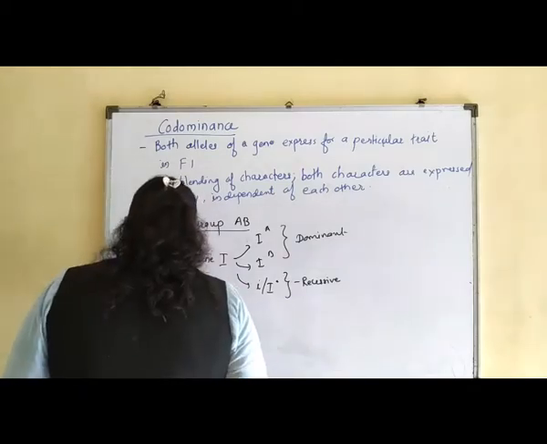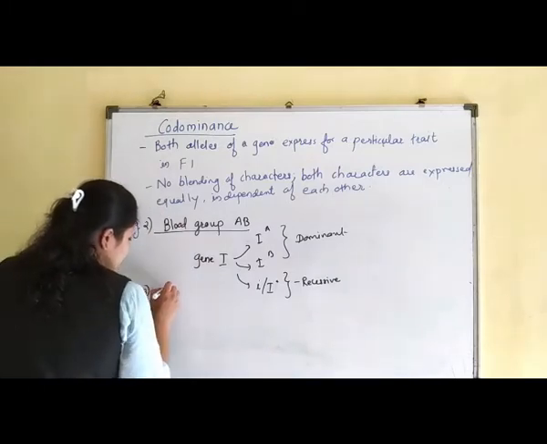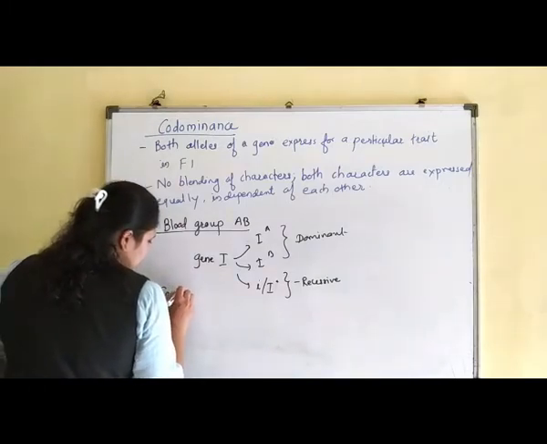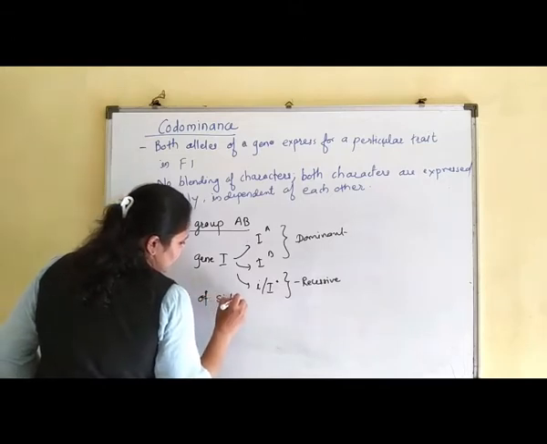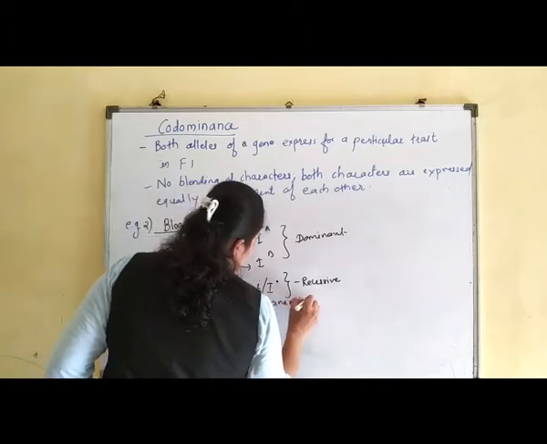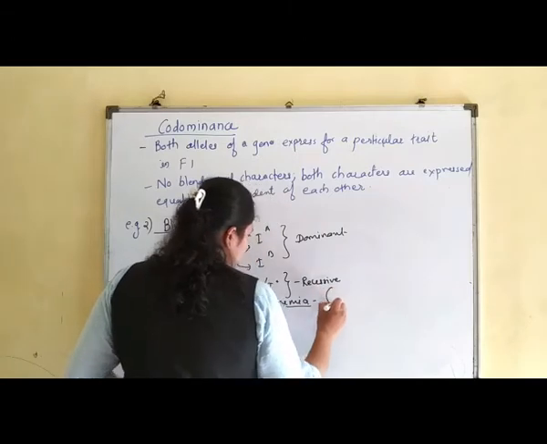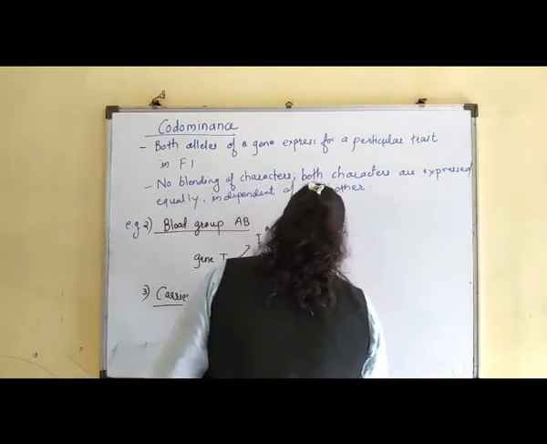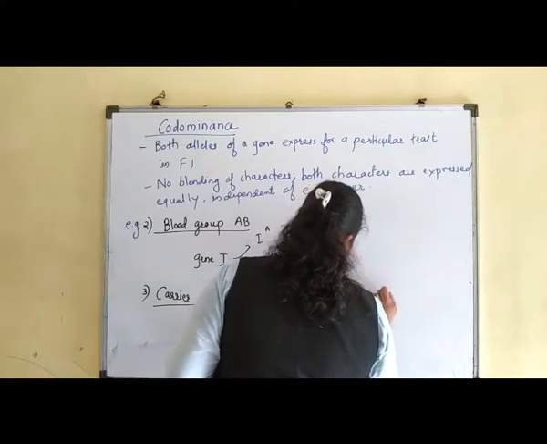The third example is the carrier of sickle cell anemia, having genotype HbA HbS.